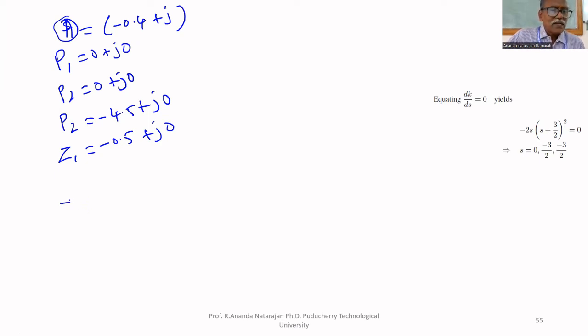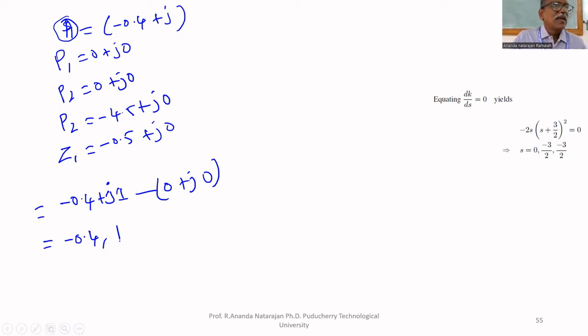Minus 0.4 plus j1 minus 0 plus j0, you will get the same point, minus 0.4, comma, plus 1. Call the function polar to rectangular coordinate. Here, we have to consider only the magnitude after subtraction.